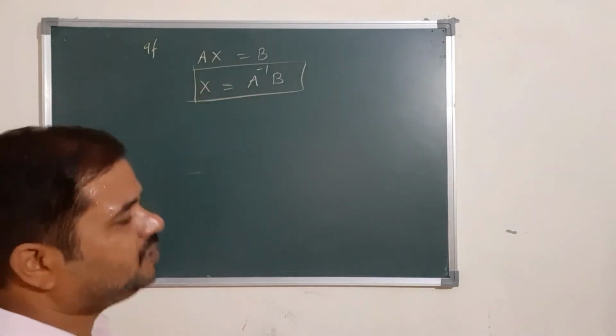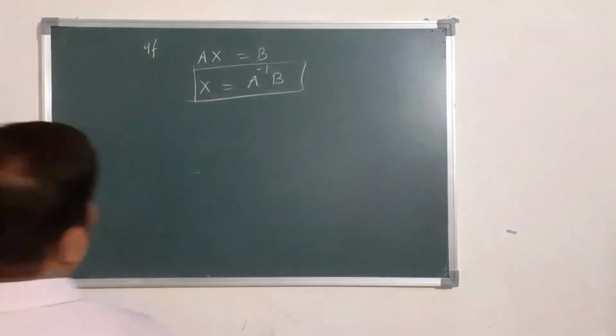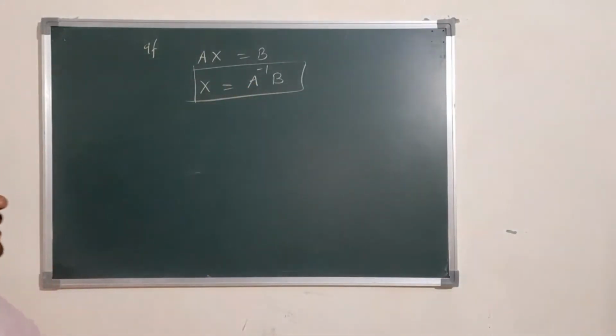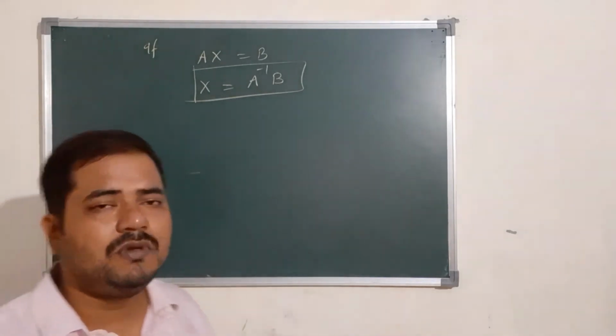And A inverse is what? Inverse of the matrix. So we need to find A inverse and then multiply it by B, we get the solution. But how will we find A inverse?